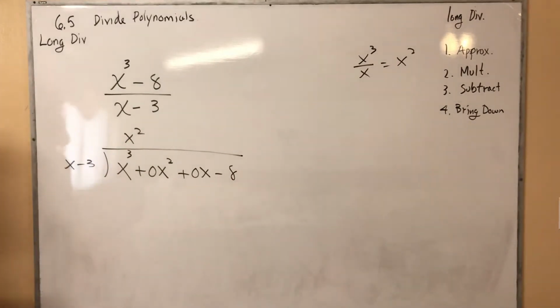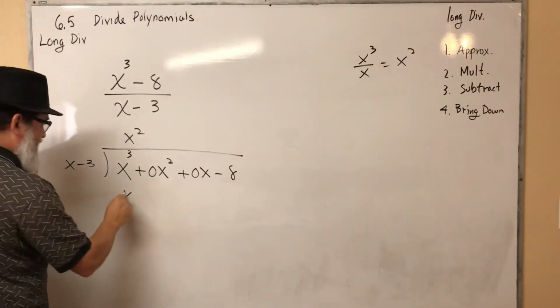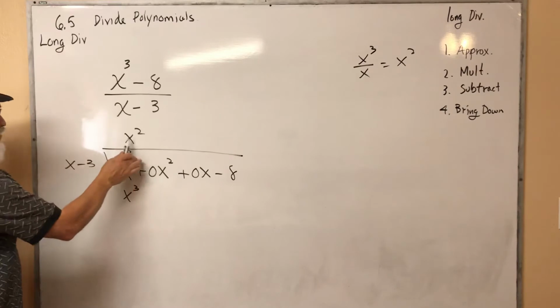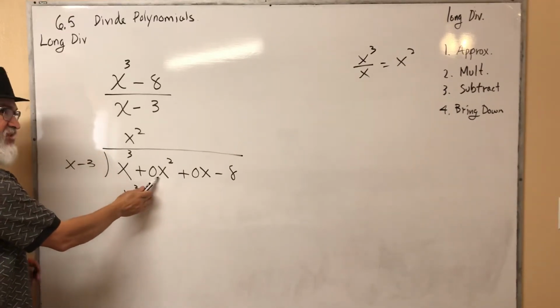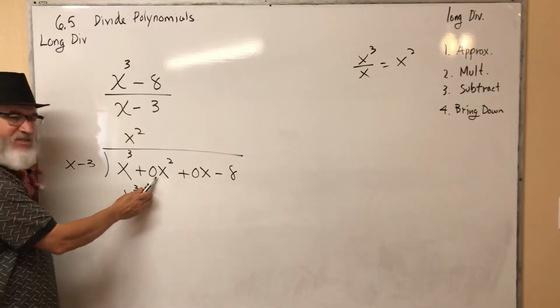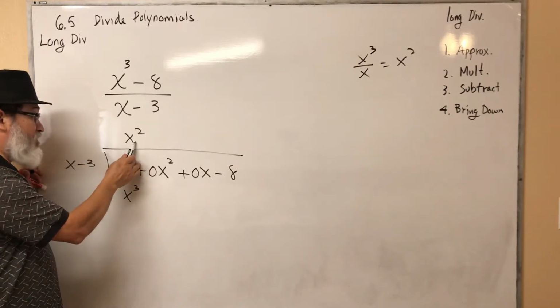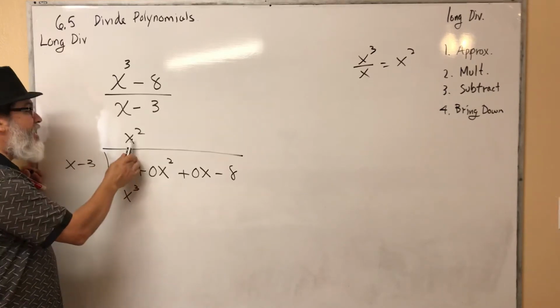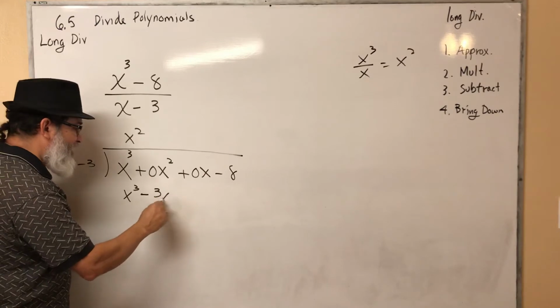Okay, multiply. x squared times x is x cubed, and x squared times negative 3 is negative 3x squared. That's why we need the missing term, so that we don't make a mistake, line them up.